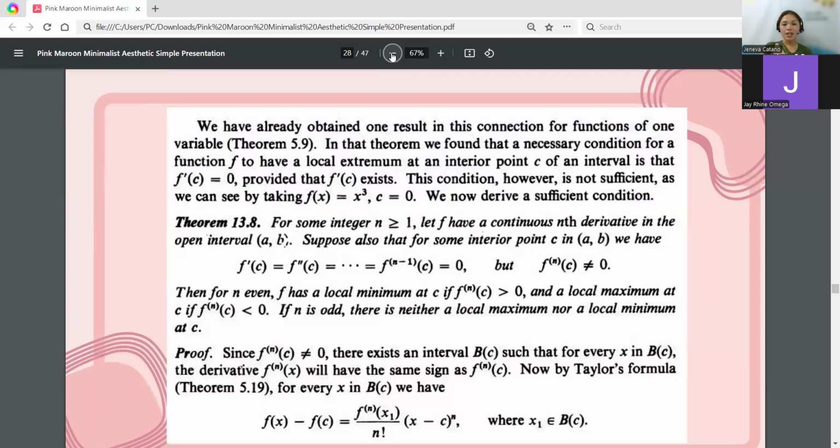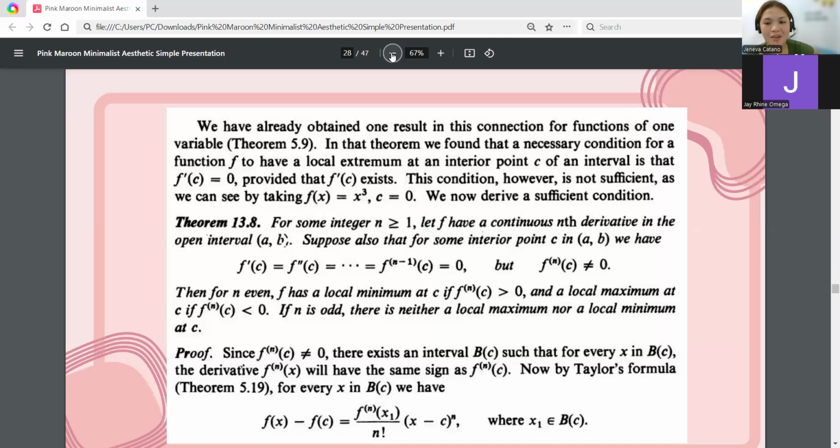We have already obtained one result in this connection for functions of one variable. In Theorem 5.9, we found that a necessary condition for a function f to have a local extremum at an interior point c of an interval is that f'(c) = 0, provided that f'(c) exists.